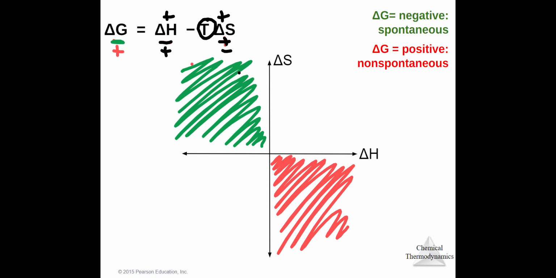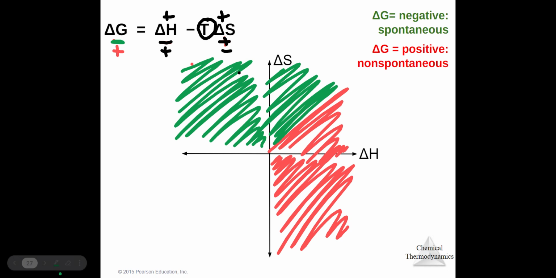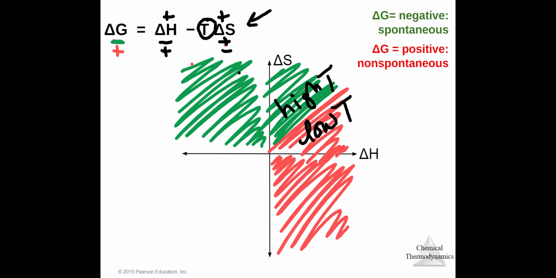What we're going to see is that part of the values are going to give us a non-spontaneous reaction, while part are going to give us a spontaneous reaction. And if you work through the math, what you'll see is at high temperatures, it's going to be spontaneous because you're subtracting a bigger number. But at low temperatures, you're going to end up with a value of delta G that's positive, which means it's not spontaneous.